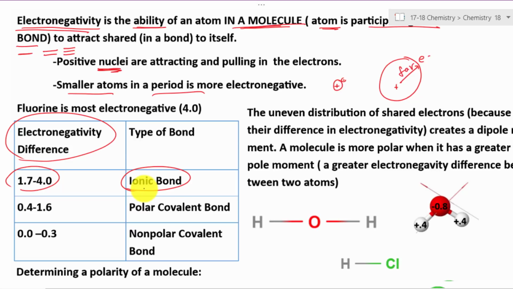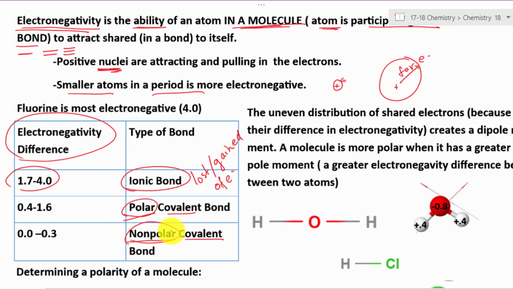In ionic bonding, the electron is completely transferred to another atom, so this is where we have loss and gain of electrons. Then between 0.1 and 1.6, we have a polar covalent bond. And if the difference is between 0 and 0.3, we have a nonpolar covalent bond. So covalent bonds have two types: one is polar and the other is nonpolar.